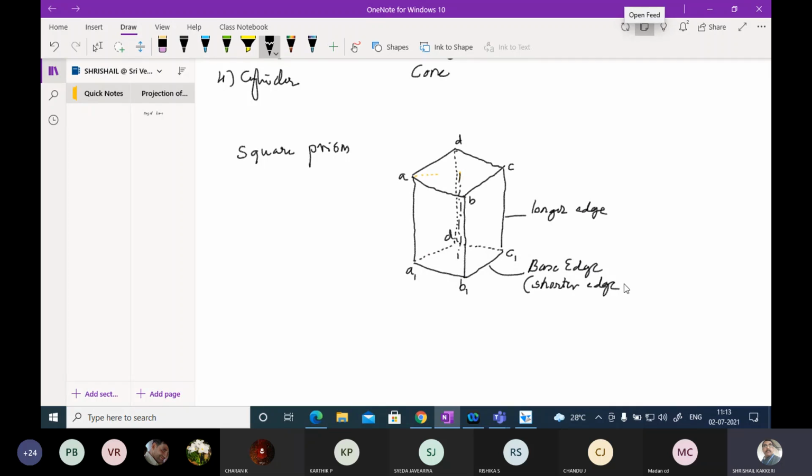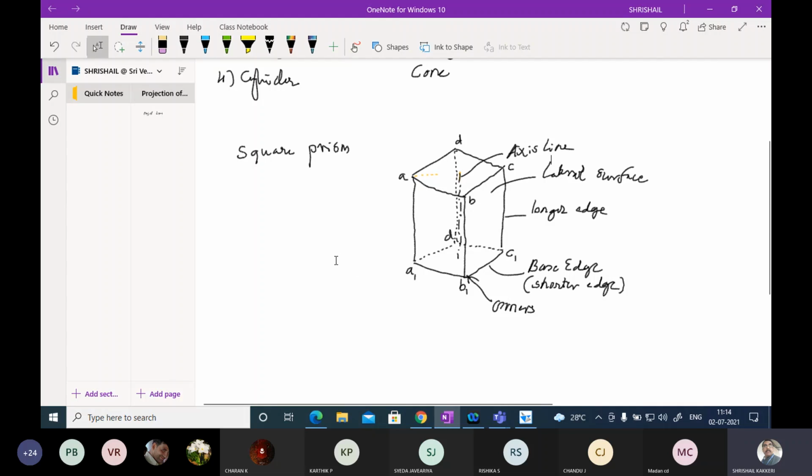These are called the corners, and these A, B, C are the corners. And this is called the lateral surface. And this is called the axis line. And this is called the bottom surface, and this is called the top surface.